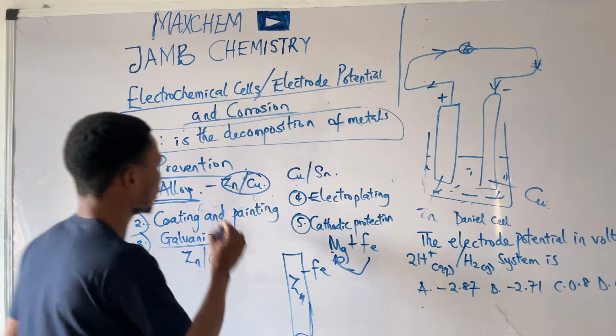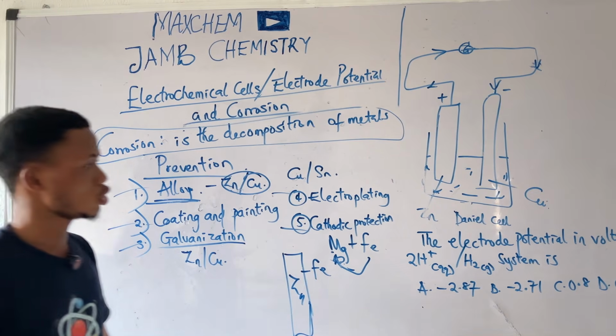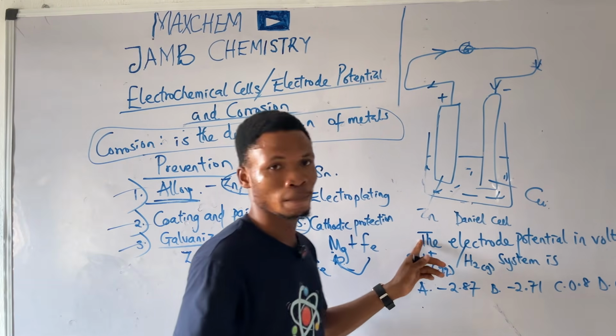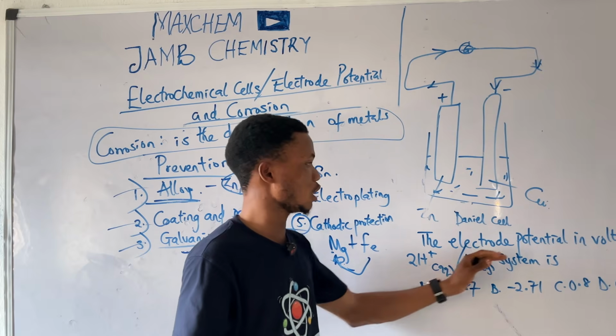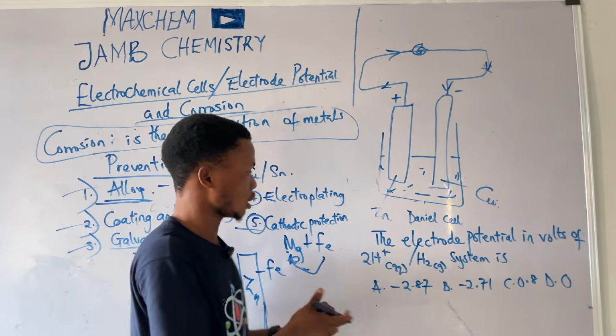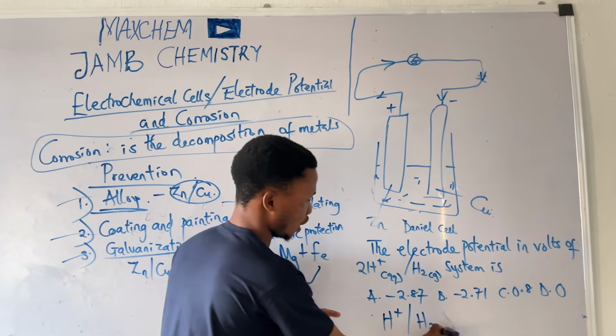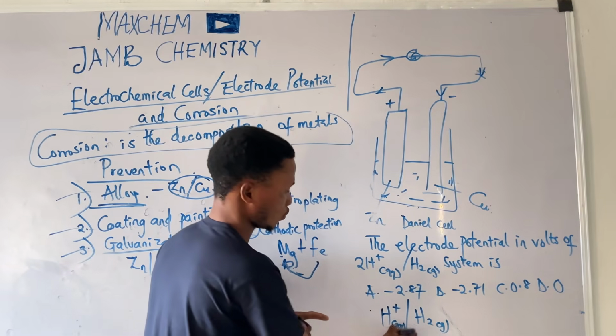So these are the methods to prevent corrosion. Now look at this question. The question says: what is the electrode potential in volts of the hydrogen ion in hydrogen gas in this system?